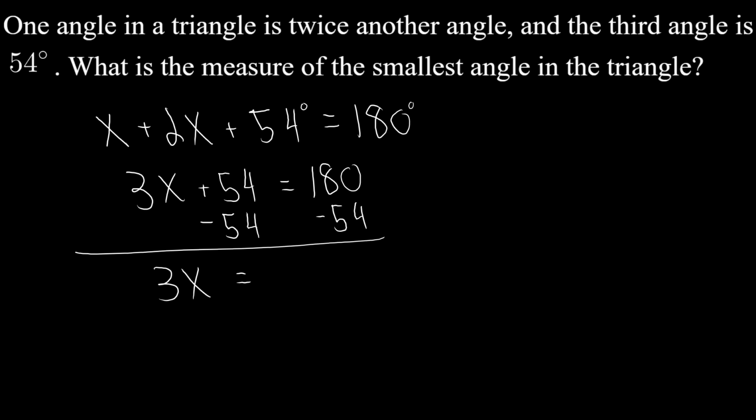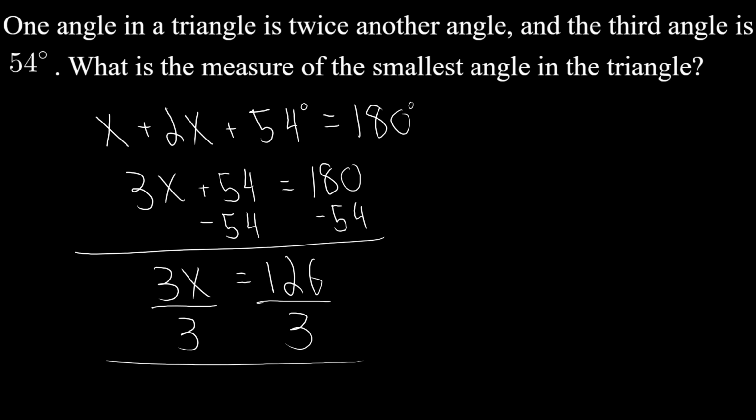That gives us 126. Now we have 3x equals 126. To get x by itself, we're going to divide by 3. And this leaves us with the fact that x is equal to 42 degrees.